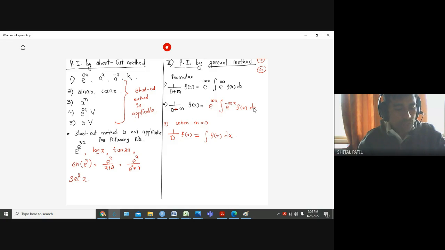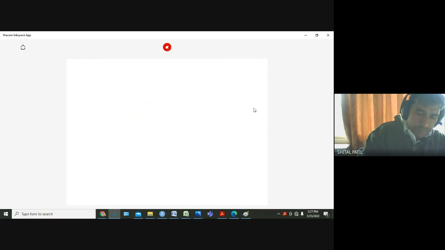Page number 42, formulas of integration. Sorry.